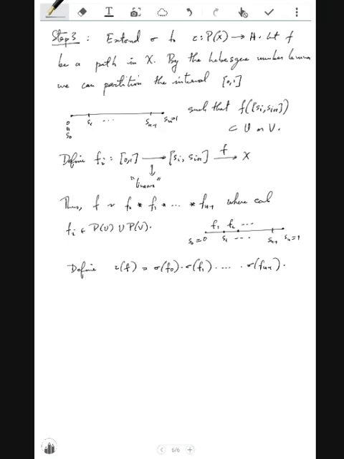This of course depends on the partition, and we need to show that tau of F is independent of the partition chosen.